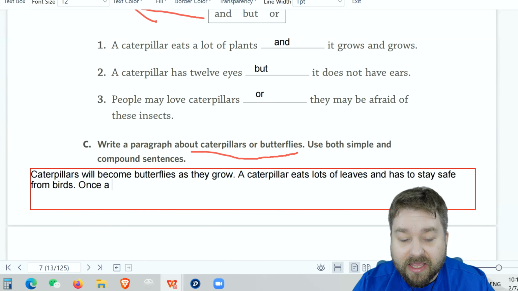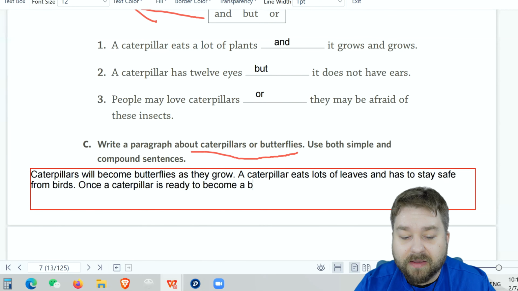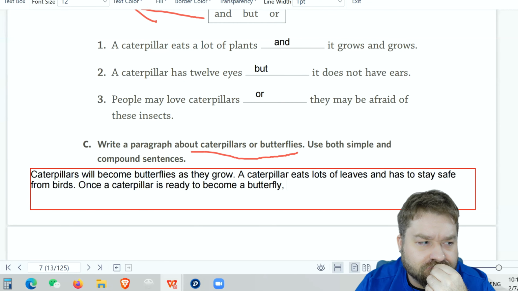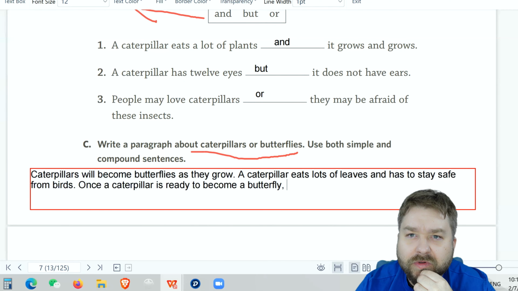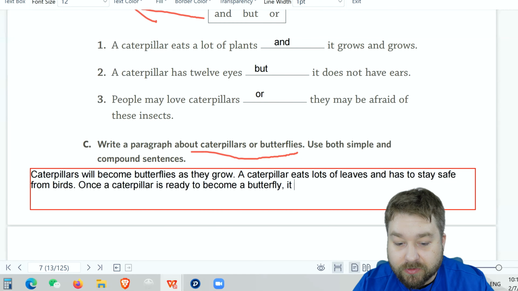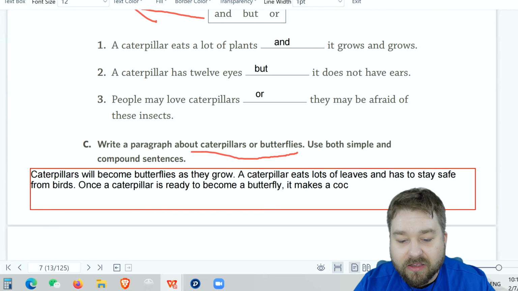Once a caterpillar is ready to become a butterfly, what does it do? You might know it. It makes a cocoon.